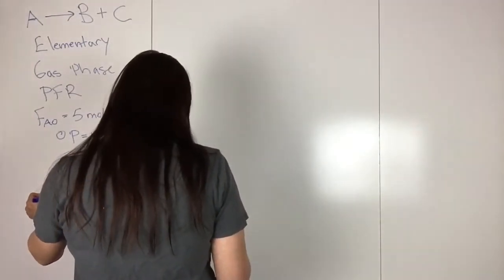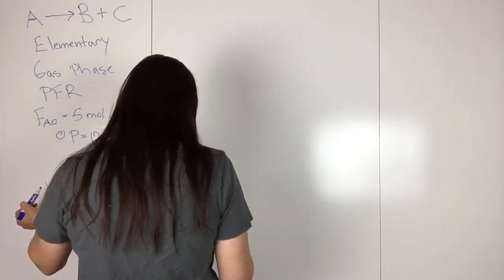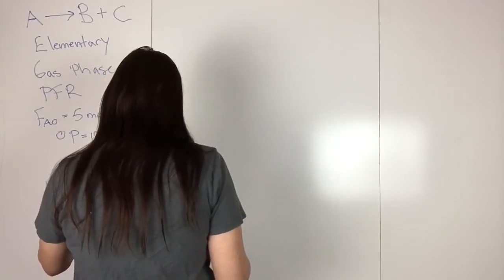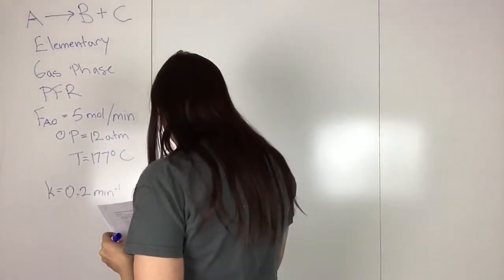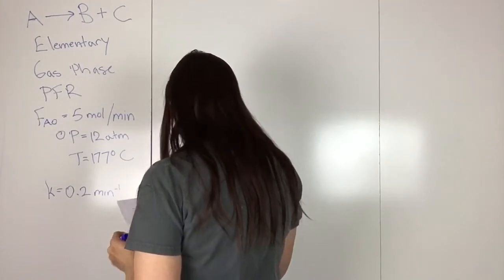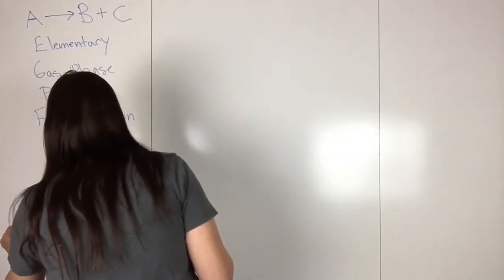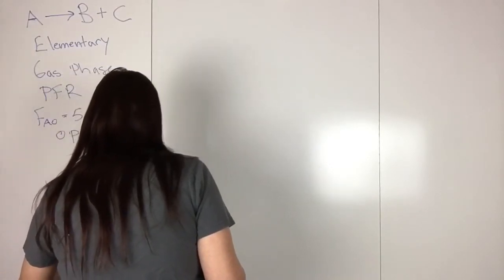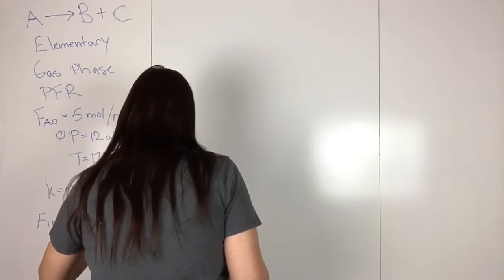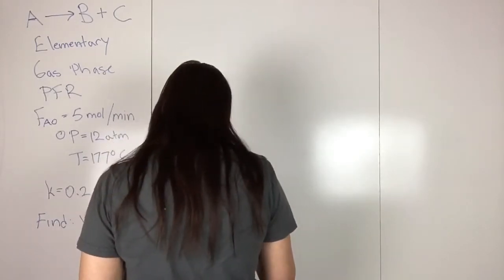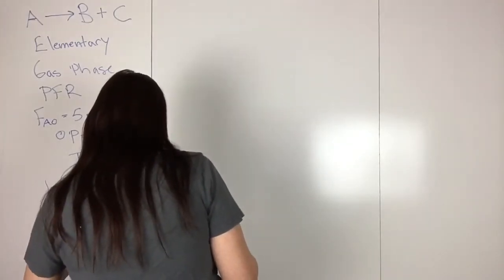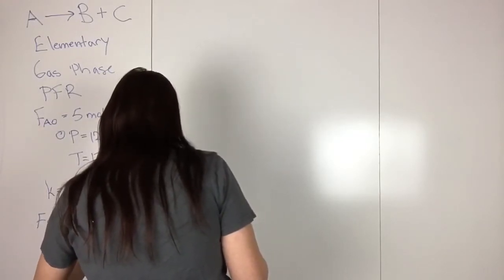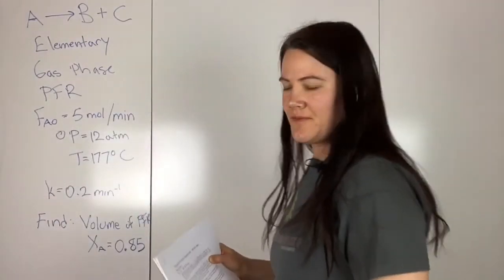So k is equal to 0.2, and then you want to find the volume of the PFR for XA equal to 85% conversion.